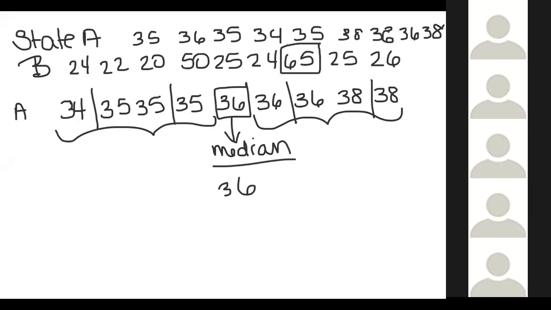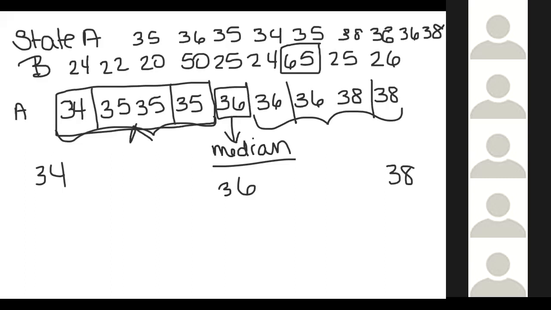First you have your minimum, 34, and your maximum, 38. Now to get the middle number in between 34 and 36, I look at these 4 numbers to the left of the median. So I find the new median, which is 35.